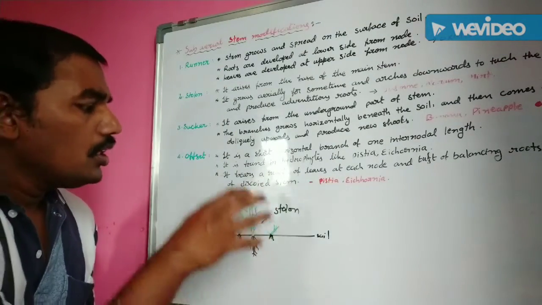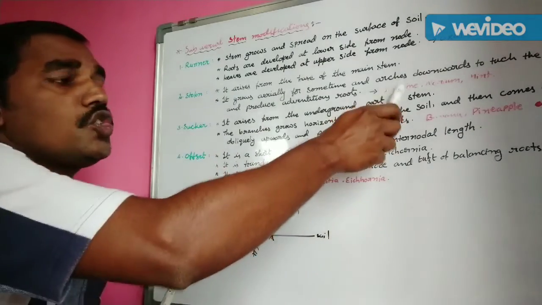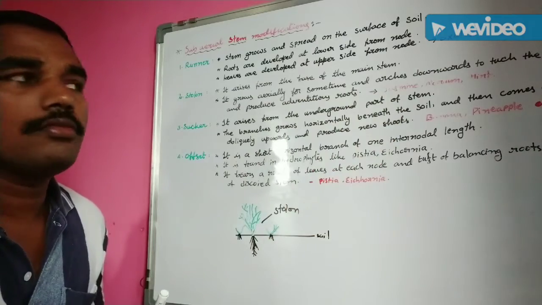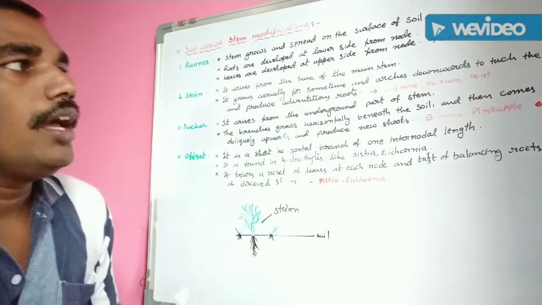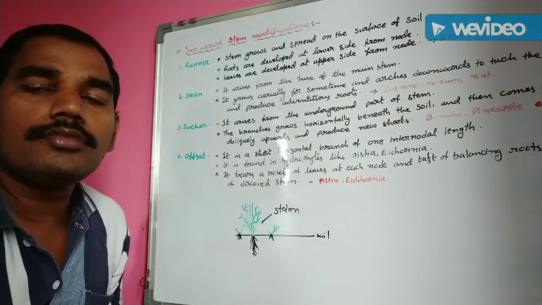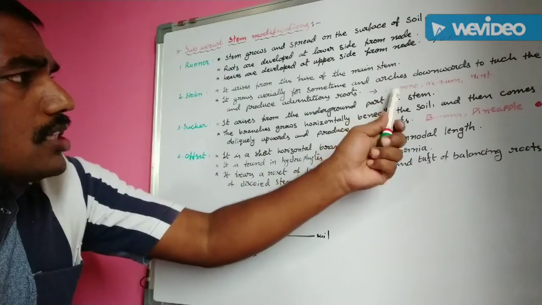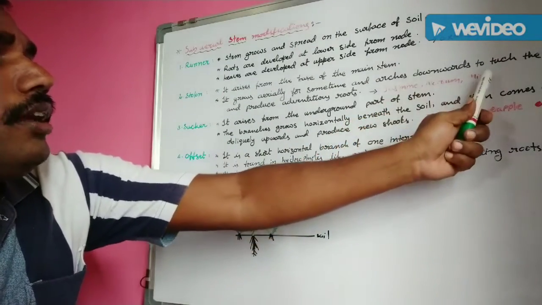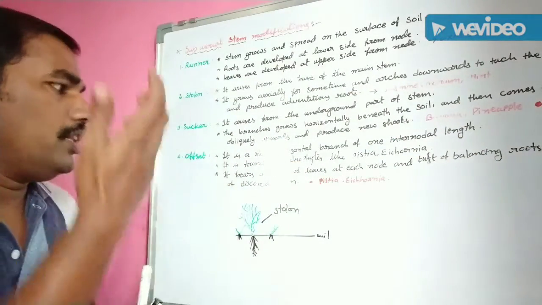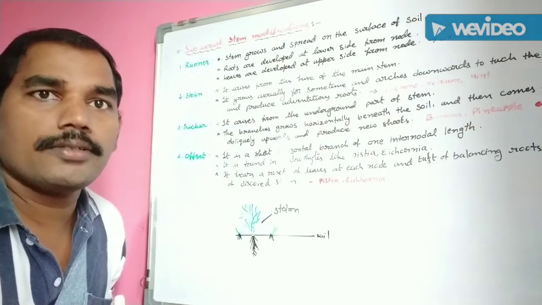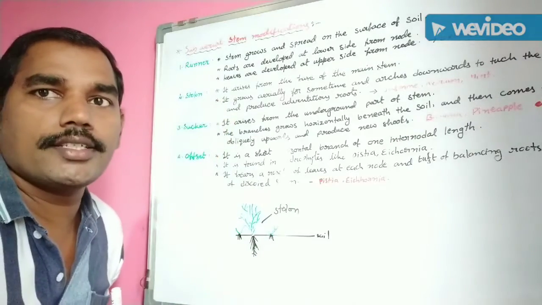This type of vegetative propagation is especially found in jasmine. Another one is nerium odorum, ganneru. Next one, mint, that means pudina. Jasmine, nerium and mint mainly reproduce their offspring by vegetative propagation. This type of branch is known as a stolon.